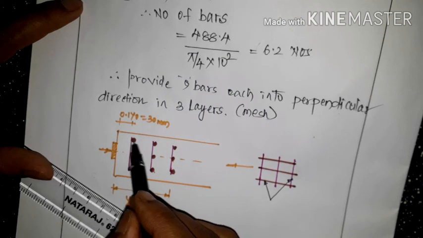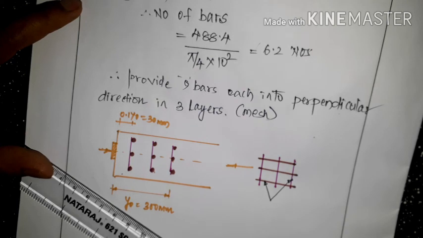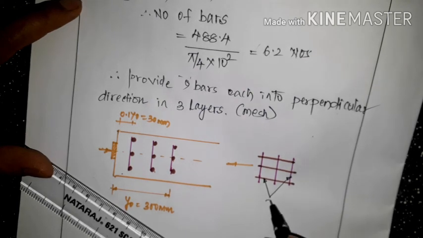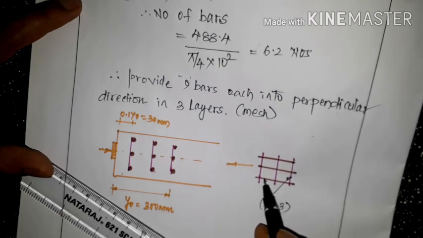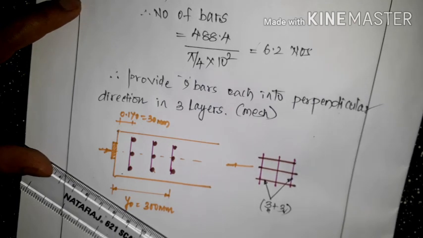So 3 bars vertical in 3 layers, 3 bars horizontal in 3 layers. So how many are there? 9 bars in each direction. So 9 vertical, 9 horizontal. Okay. So these together are 3 plus 3. So 3 horizontal, 3 vertical. So I can write 3H and 3V.